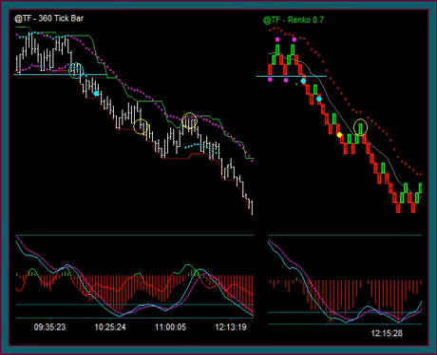Now we'll go to the yellow circles and that yellow dot. Now looking at the yellow circle on the 360T, yellow circle 1, that's a trade that I will not consider taking.